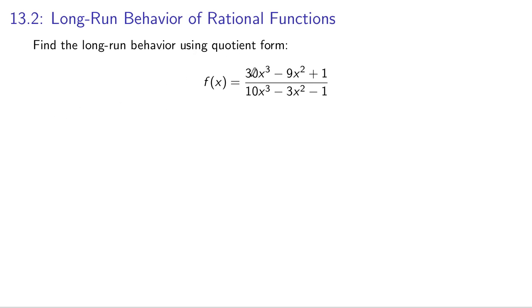So if we think of the ratio of the leading terms, we have 3. That's our k, our constant, our quotient. So we'll have the numerator equals 3 times the denominator plus our remainder, dropping the function notation just for simplicity.